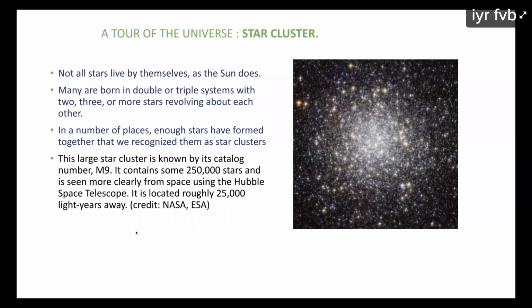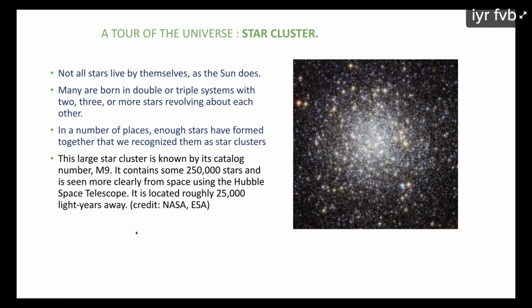However, when these stars are born, many of these stars are born as double or triple systems, which means there are two stars together or maybe three stars together, right? When there are two stars together, we call it a double star.